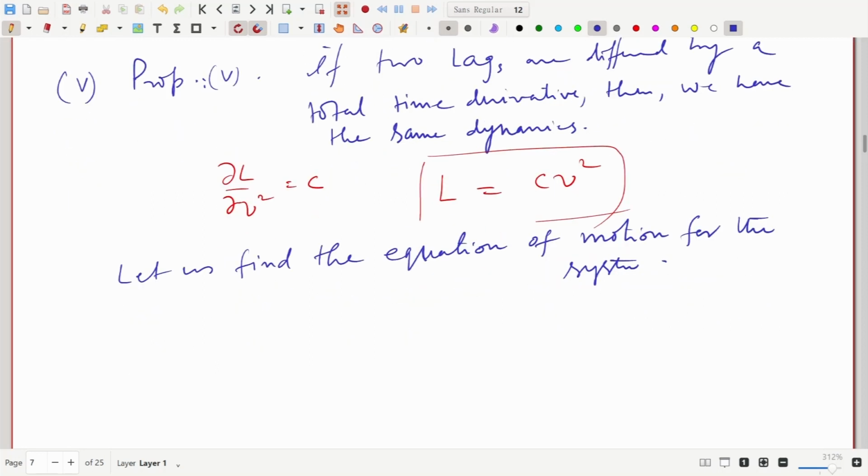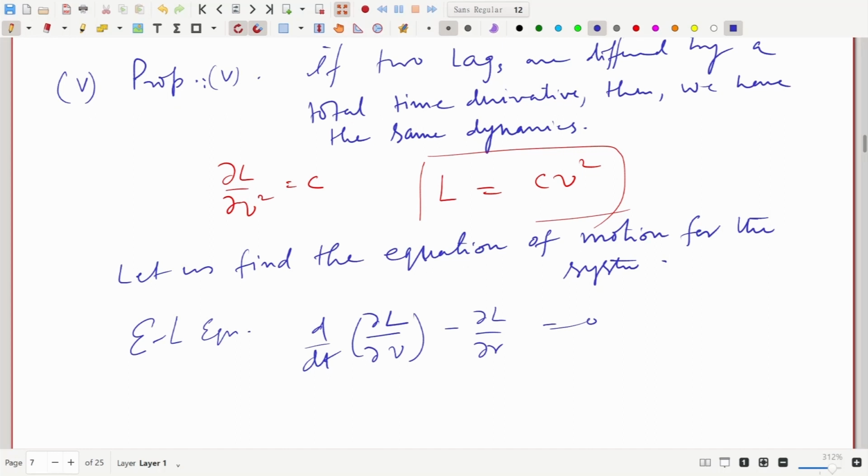So we already know the Euler-Lagrange equation. So let us use the Euler-Lagrange equation: d/dt of ∂L/∂v, here instead of q dot I am writing v, and then ∂L/∂r will be 0. So this will be the equation of motion.